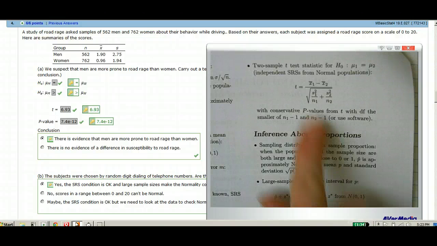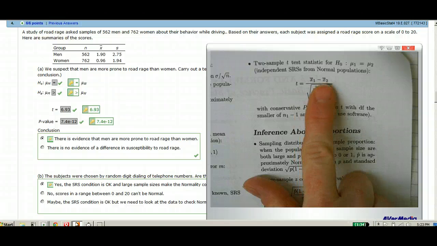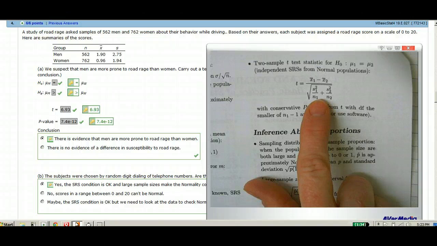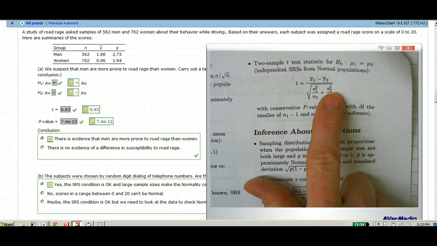Okay, so to find our t-score, we're going to be subtracting the means of the samples. We're going to be dividing it by the square root, and all of this is under the square root. S sub 1 squared, which is the standard deviation of the first sample squared, which is the variance of the first sample, divided by its n, the size of that sample, plus the variance of the second sample, divided by the n of that sample, n sub 2.